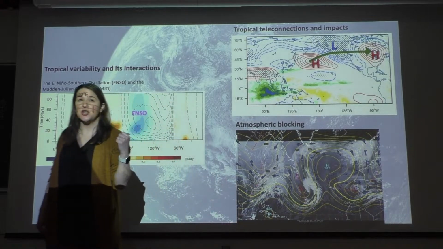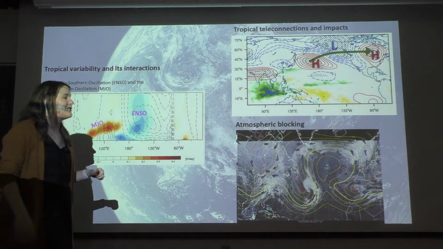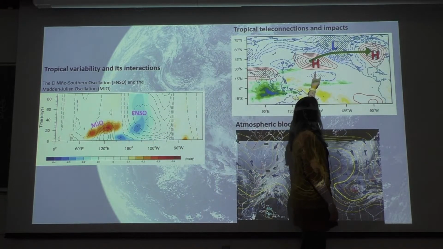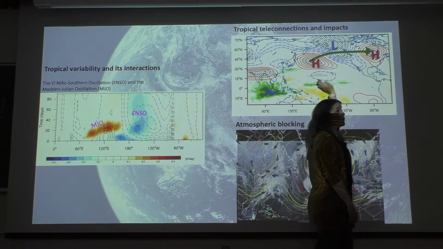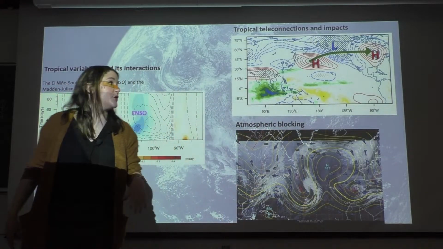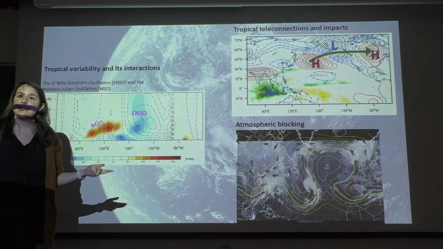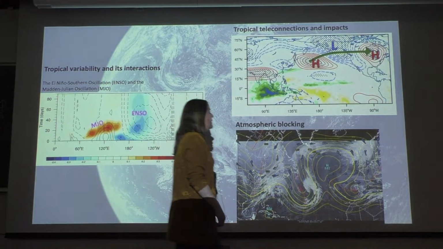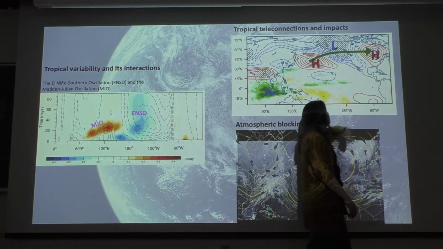That's geopotential height anomalies, which are directly related to pressure anomalies. You can see this high, low, high wave train that propagates over the North Pacific and over North America, and that's going to significantly influence the weather that we experience over the US, for example.